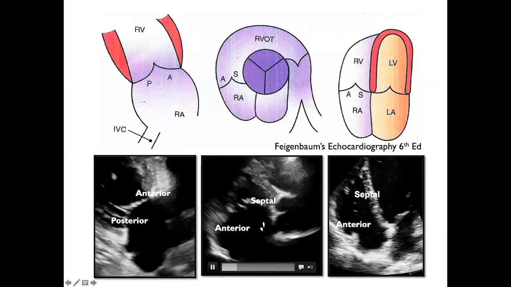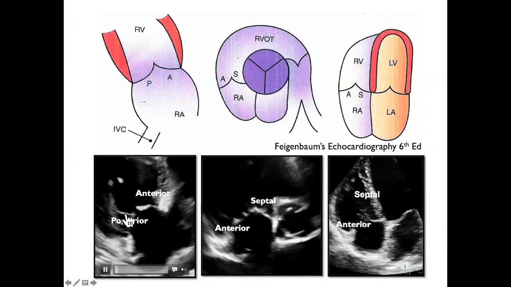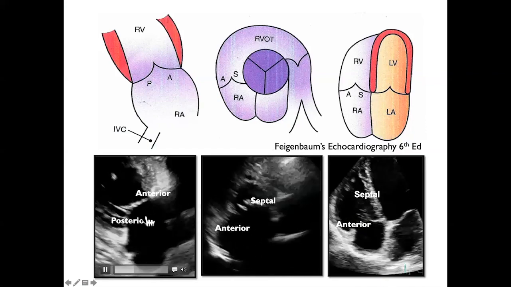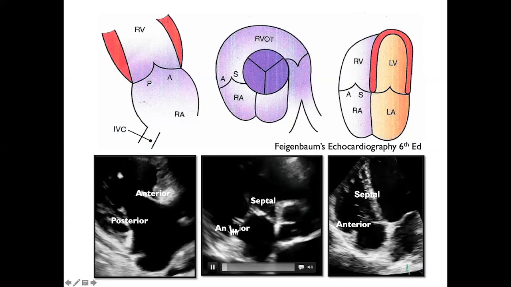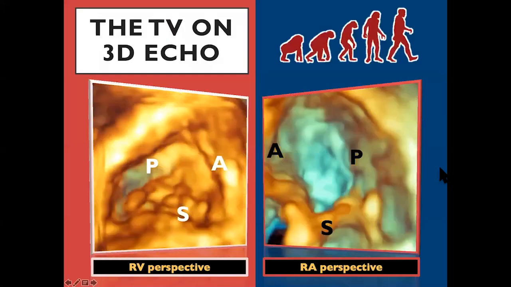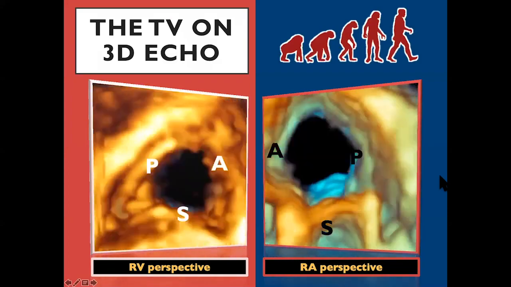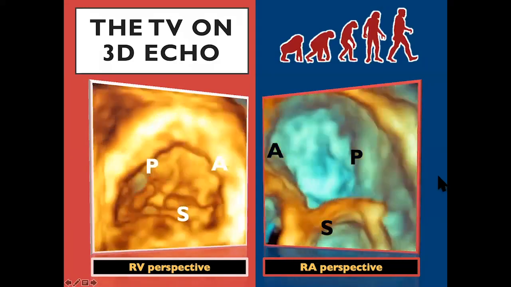In any one of the standard views used to visualize the tricuspid valve on 2D echocardiography, really only two leaflets out of the three leaflets are routinely imaged. And sometimes you are able to catch all three leaflets at the same time. With 3D echocardiography, it's possible to appreciate all three leaflets of the tricuspid valve simultaneously.